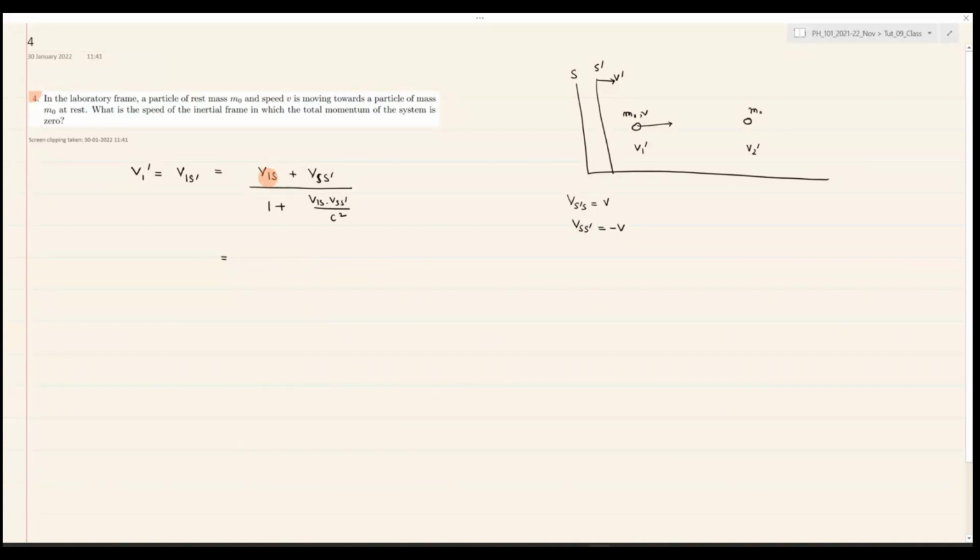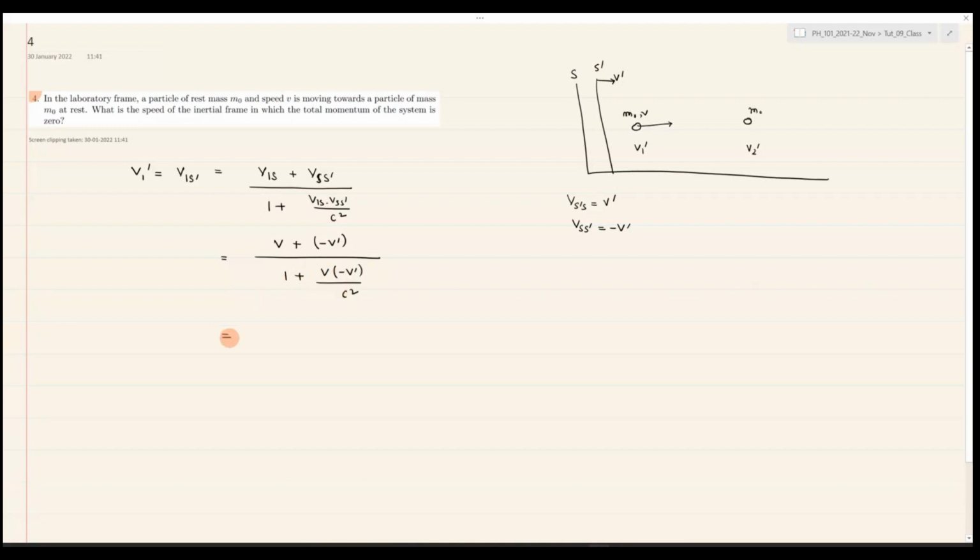So finally, our v1 prime: v1 is the speed of 1 with respect to S, which is v. The speed of S with respect to S prime is what I was assuming as v prime, so minus v prime. Then 1 plus v into minus v prime by c square.